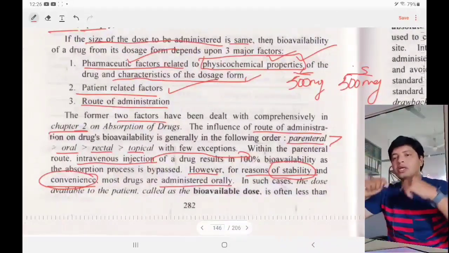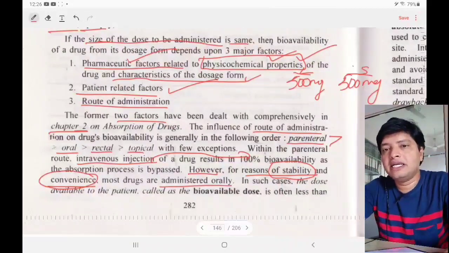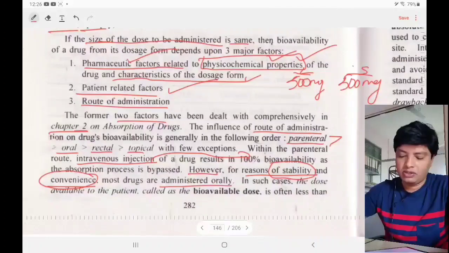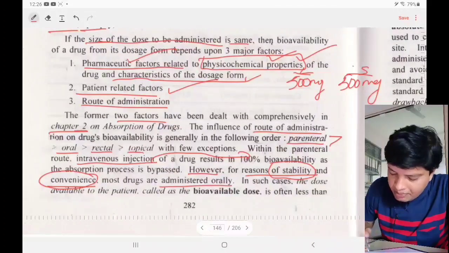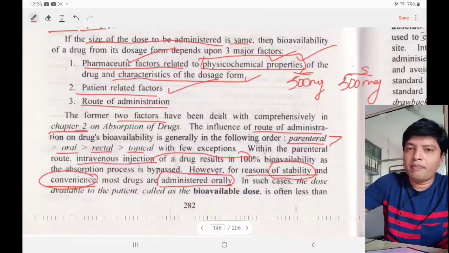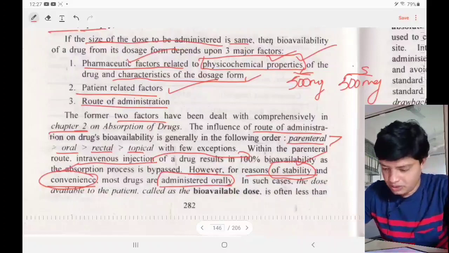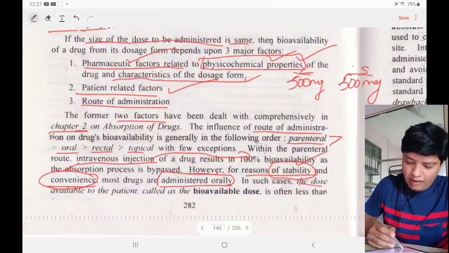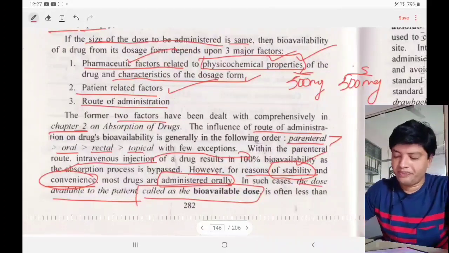Compared to solid dosage forms, liquid dosage forms are more susceptible to drug degradation. In such cases, because the oral route is given more preference than IV due to stability and convenience issues, the dose available to the patient we call the bioavailable dose.